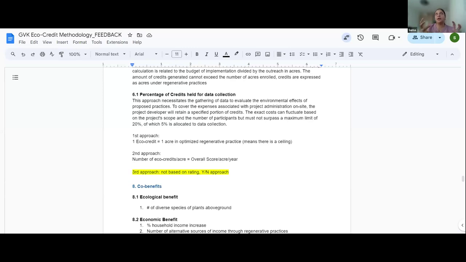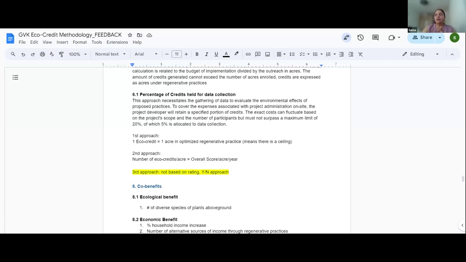Now the second approach is that per acre, there can be a number of eco credits, and this number can be calculated based on a scoring system. Every practice that the farmer has implemented, or the set of practices that we define under the regenerative program, has a score based on some metrics. Based on what the farmer has implemented, the farmer would receive a score, and based on the overall score per acre per year, the number of eco credits will be calculated.